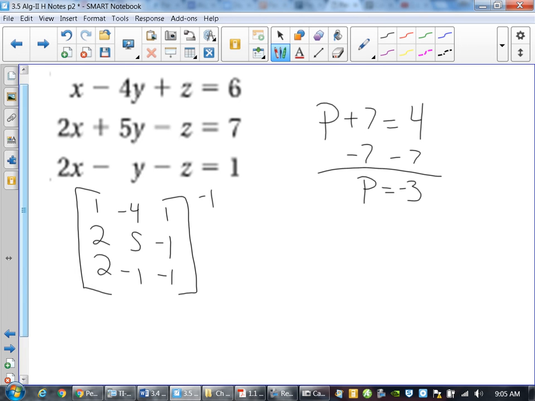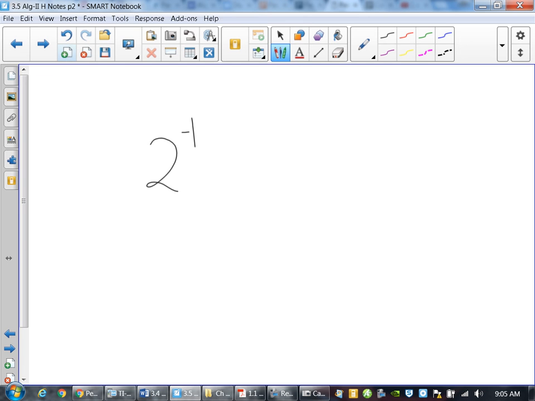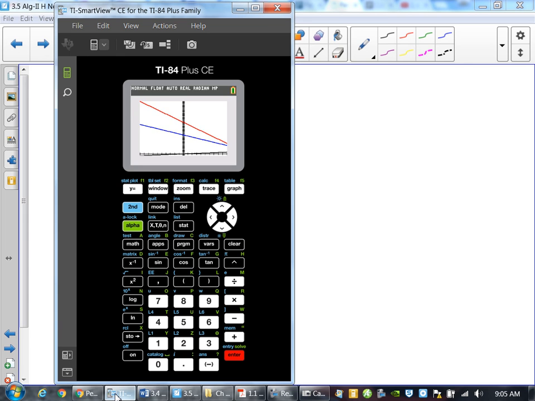Because if you take 2 to the -1 power, that equals 1/2, which is the inverse of 2. Everybody see that? The -1 button. X to the -1, that's inverse.